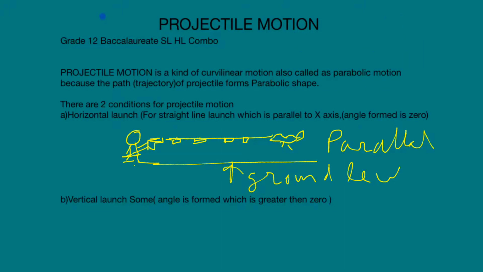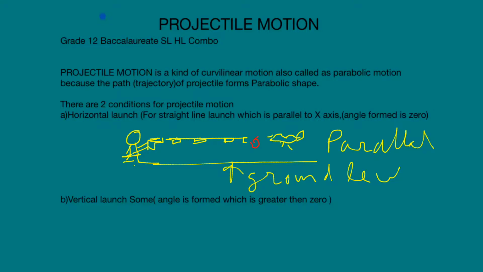Now we have done the sums based on horizontal launch, and we have also understood what horizontal launch is. Let's have a quick recap on horizontal launch. We read an example that a person is shooting with his gun towards a bird, but the range of the gun is very small, so the bullet will fall after some time.